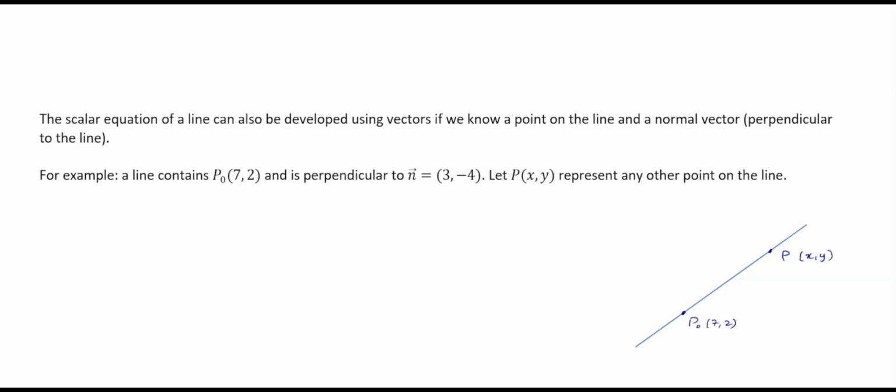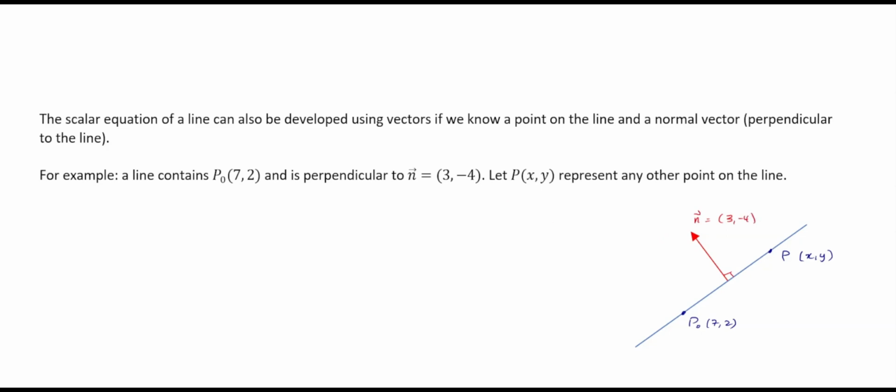We also have the normal vector, so the vector that is normal to this line right here, and I'm going to color that one red, and that's my normal vector, and it's perpendicular, and it's given as (3, -4).